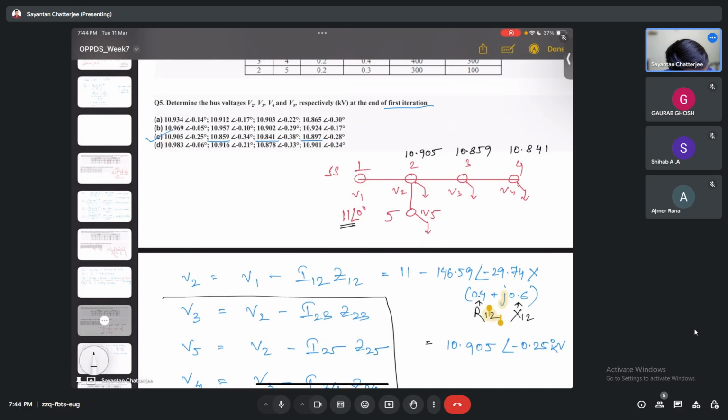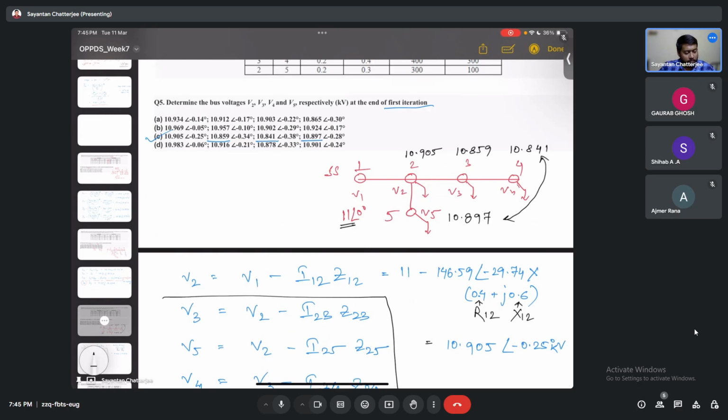But at node 5, since we have only one line, the value could have reduced, but based on the line parameters it is still in good shape compared to these values, because the impedance is far less compared to the total line impedance getting added while moving from 2 to 4. So that's the analysis. These are the voltages in kVs.